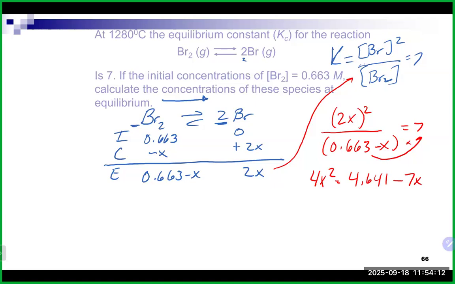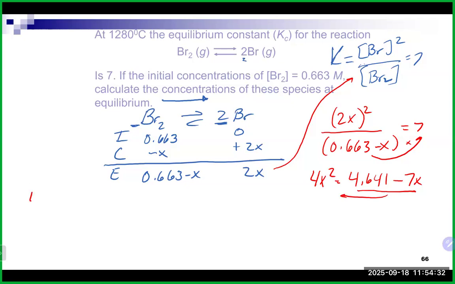So I'm going to bring everybody to the same side. It really doesn't matter which way you go. I will say most people roll with the x squared being positive, but it doesn't really matter. So I'm going to bring everybody on this side back to that side. That means I'm subtracting the 4.641 and I'm adding the 7x to the other side.